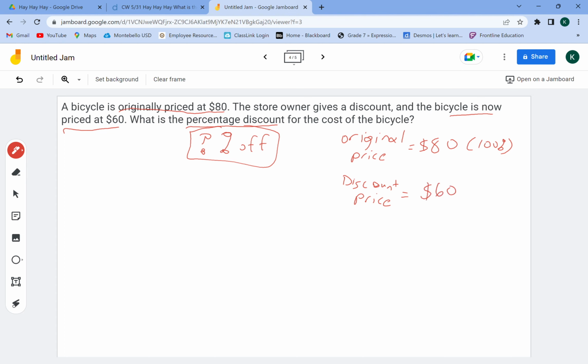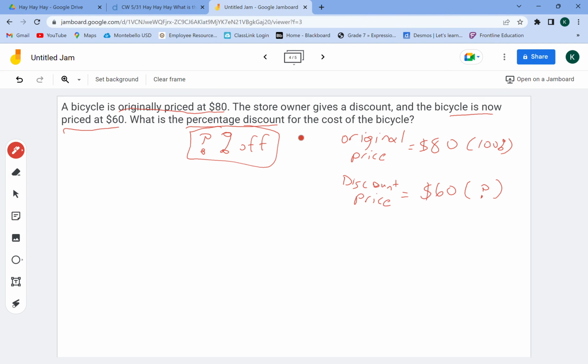And there are two ways you could approach this problem. Right now, I don't know the percentage for this one, so I don't know what percent that represents. I'll show you two ways you could think about this, that way you could arrive at the answer. So this is method one.